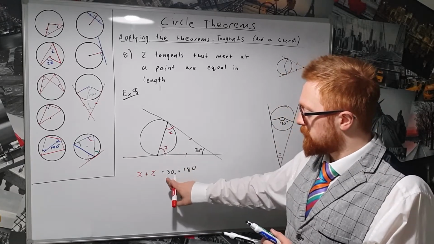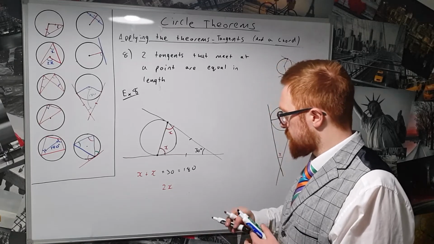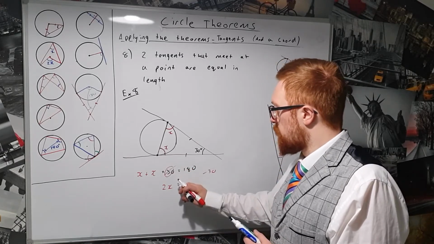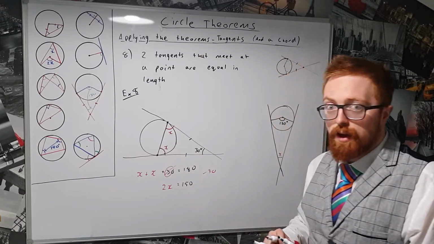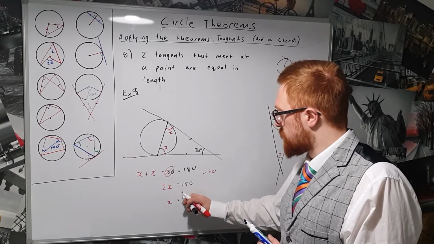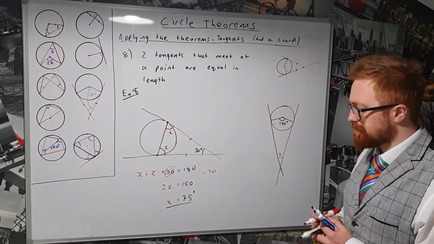Let's simplify and subtract the 30. So these two x's turn into 2x, and if I subtract that 30, that gives me 150. So now solving this, dividing by 2, we get that x is just equal to 75 degrees.